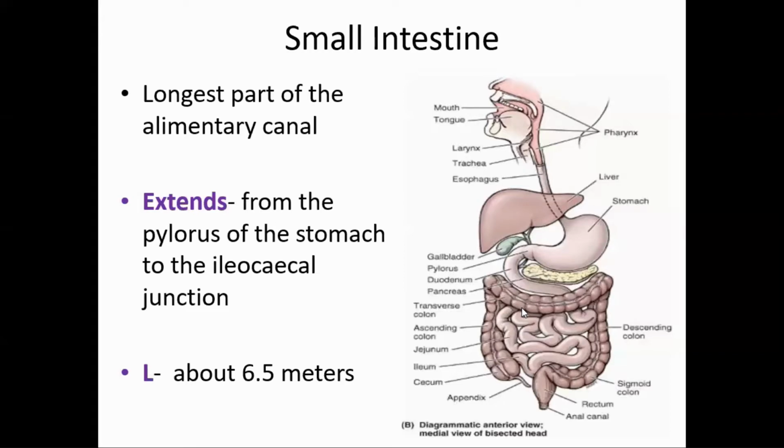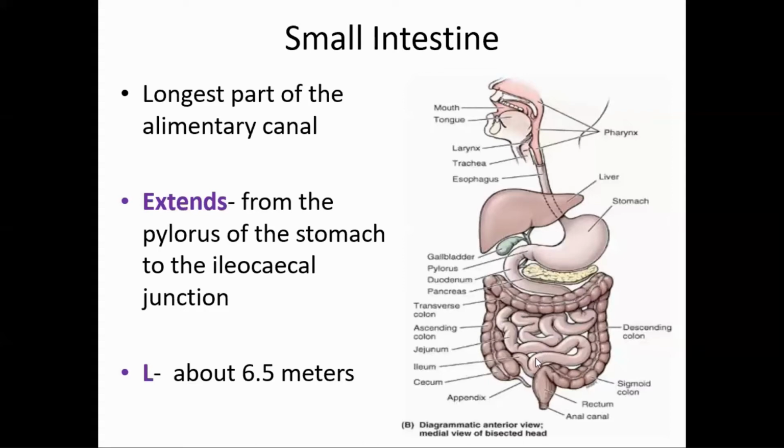It extends from the pyloric orifice to the ileocecal orifice, or the ileocecal junction. The small intestine is divided into three parts: duodenum, jejunum and ileum.